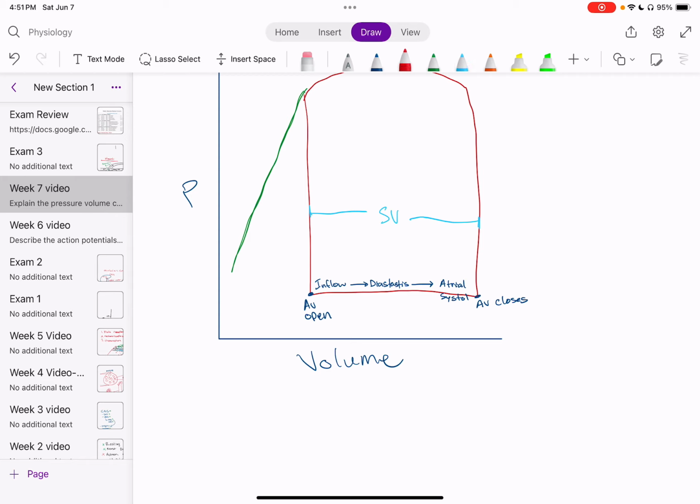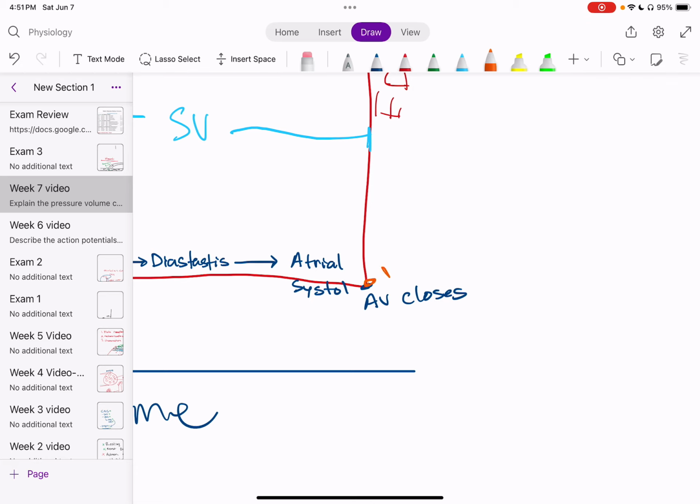And then this line will represent the end systolic volume and the end diastolic volume. So this part where the AV closes, we call this preload. So preload is all about the stretch or the volume of the blood.